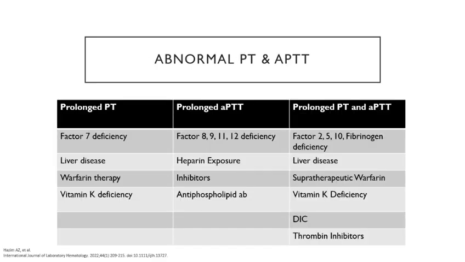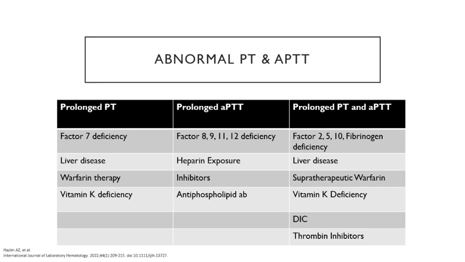Let us now look at some common causes of abnormal coagulation studies. This is not an exhaustive list. Prolonged prothrombin time can be caused by a variety of conditions affecting the extrinsic and common pathways of coagulation.